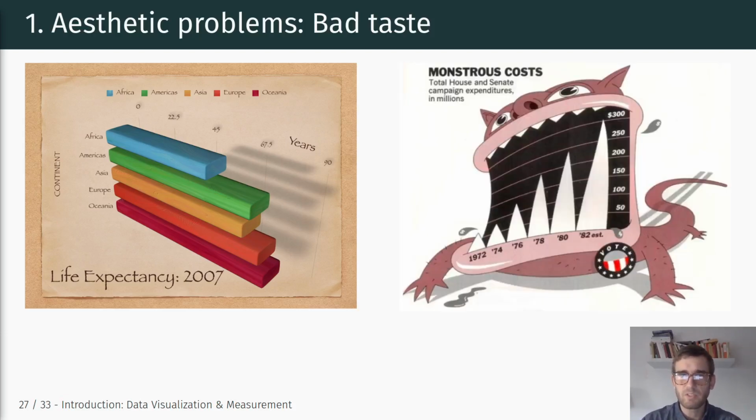Okay, so that's one example of bad taste. There are other examples like this one, especially in newspapers. You see illustrations that include statistical information. Like this one, we see the total House and Senate campaign expenditures in millions with a nice little monstrous visualization, which of course makes it harder to actually compare these values over time.